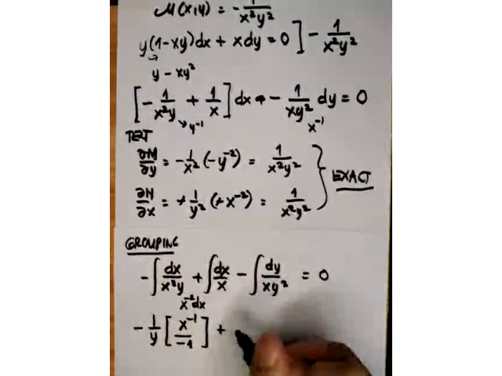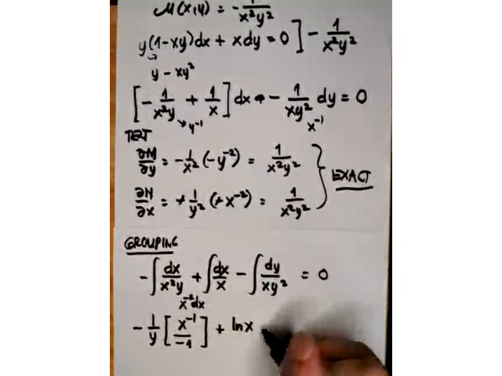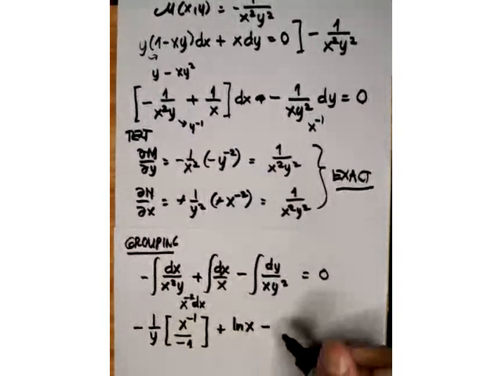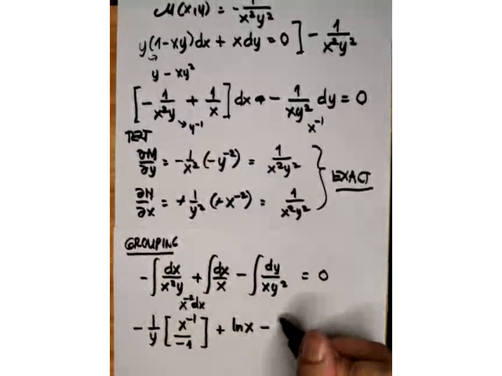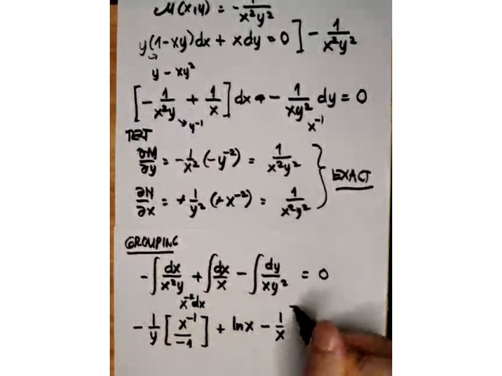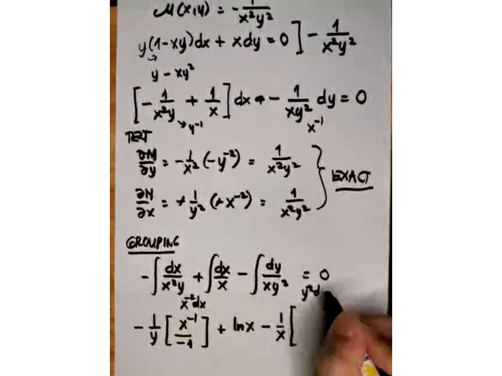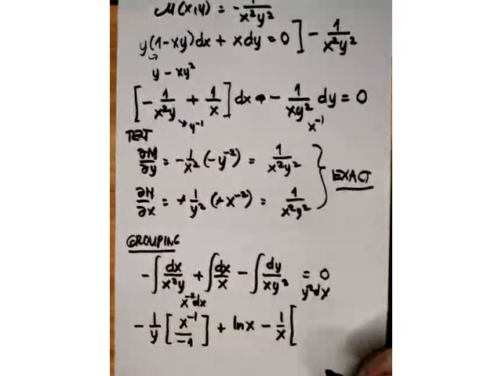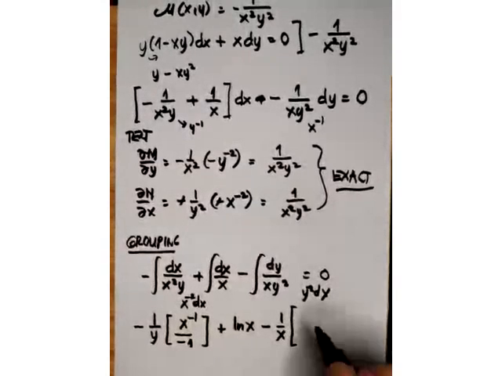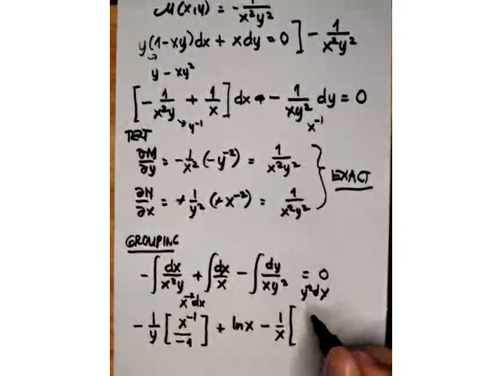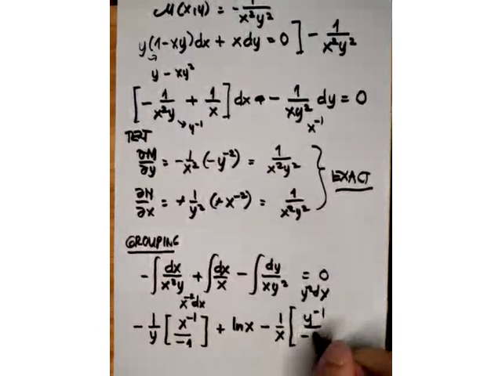Plus, so this is ln of x minus, so ilalabas ko yung 1 over x. Ayan. So ito din ay magiging y raised to negative 2 dy. So that will be y raised to negative 1 over negative 1.